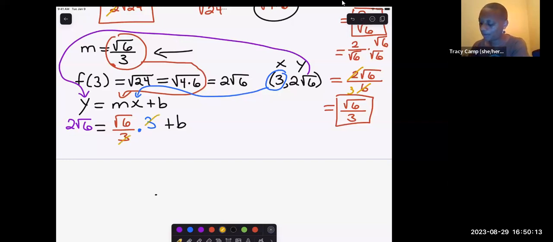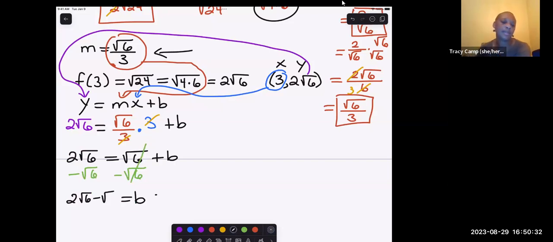And so all I'm left with on the left side is 2 root 6, and on the right side, root 6 plus b. Last of all, to get b by itself, I subtract root 6 from both sides. So these cancel, and I have b equals 2 root 6 minus root 6. Notice these are like terms.